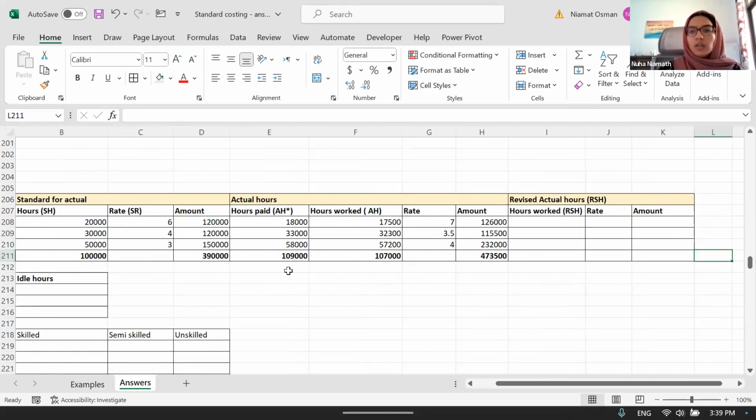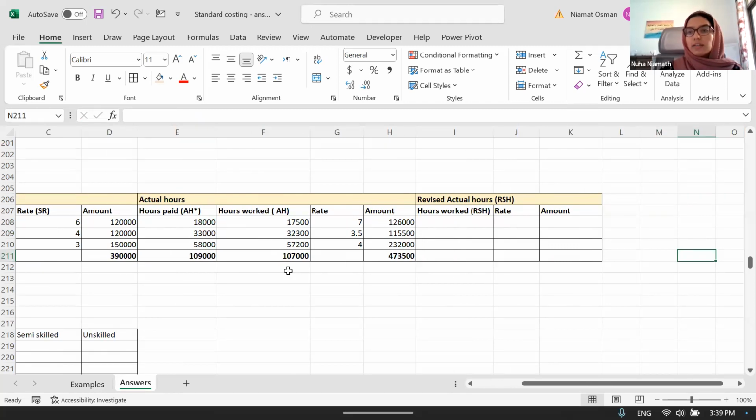Okay, now coming to revised standard hours. Can somebody tell me in the chat box what will be the revised hours worked for skilled? Anybody, please tell me in the chat box what would be the formula. Everybody?